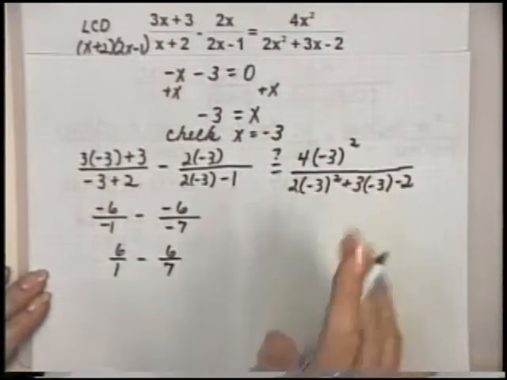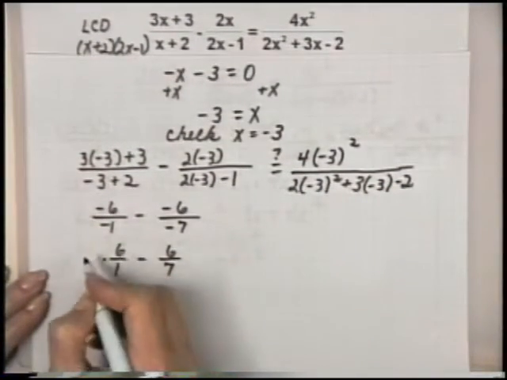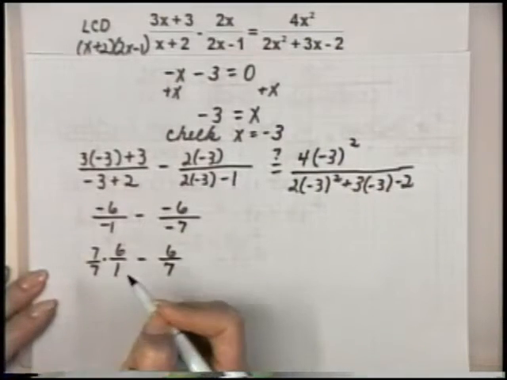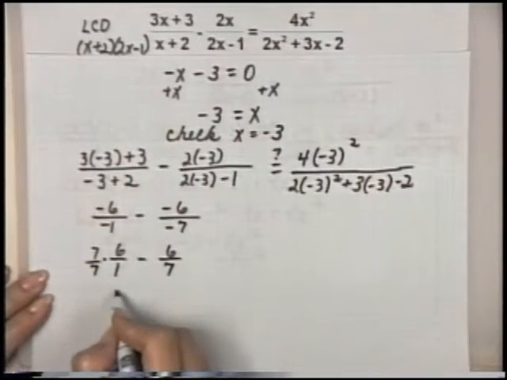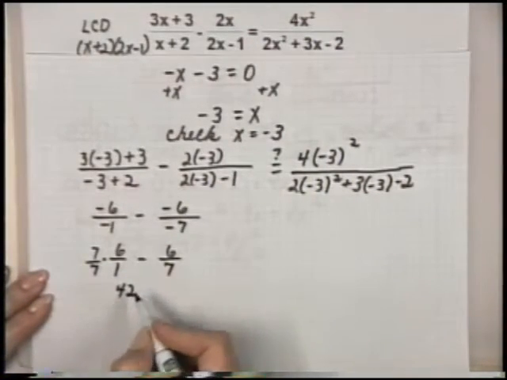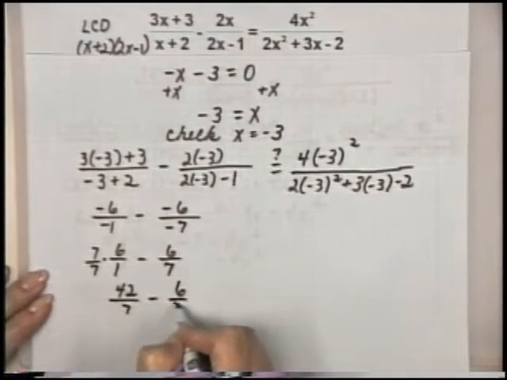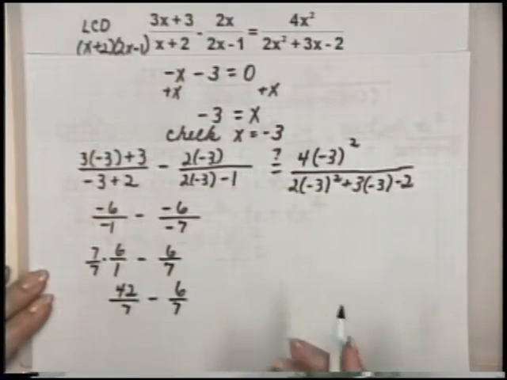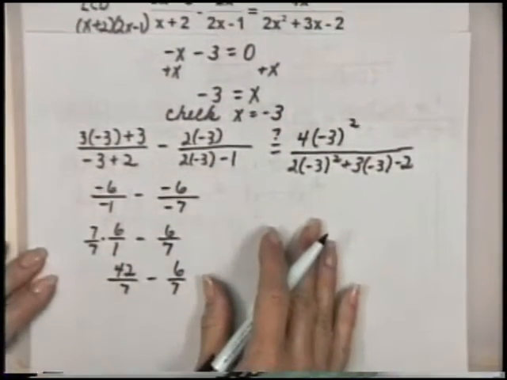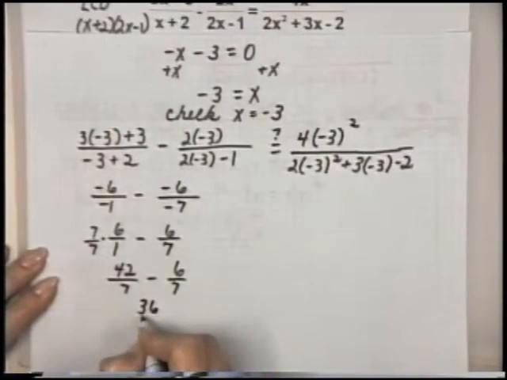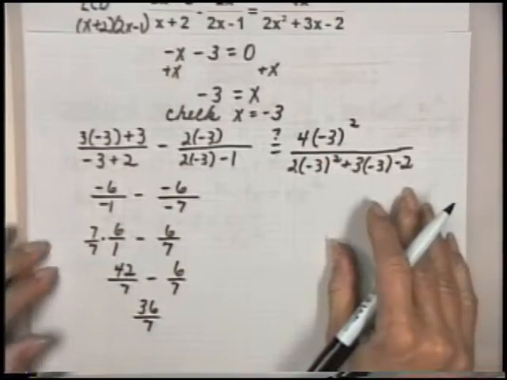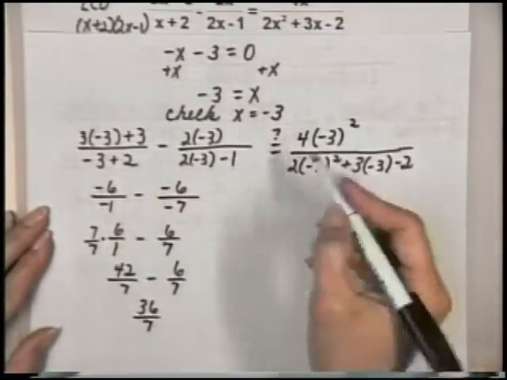To combine these fractions, I need an LCD, which is 7. I will multiply 6 over 1 by 7 over 7. 7 times 6 will give me 42. 7 times 1 will give me 7. Subtract 6 over 7. 42 sevenths subtract 6 sevenths will give me 36 sevenths.